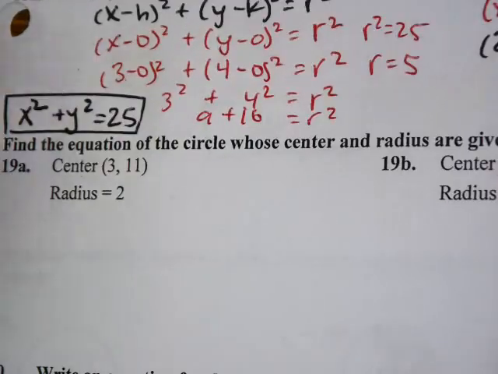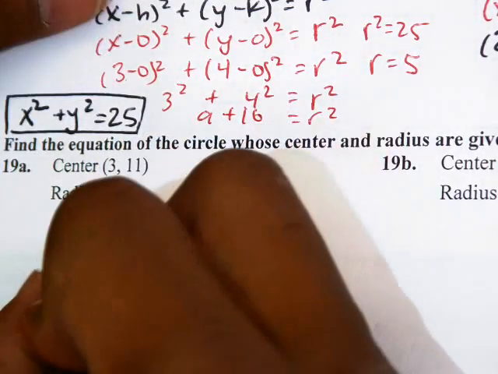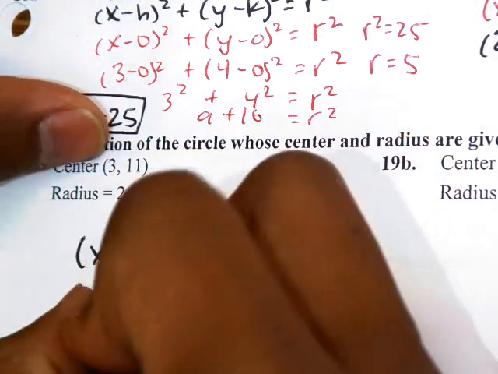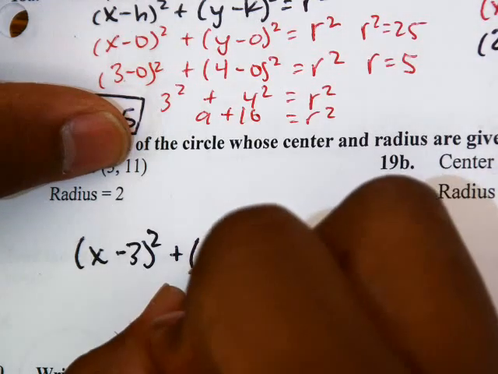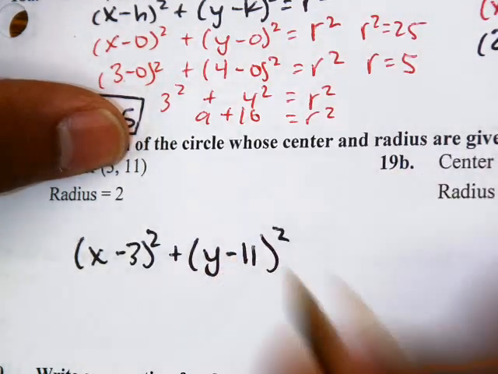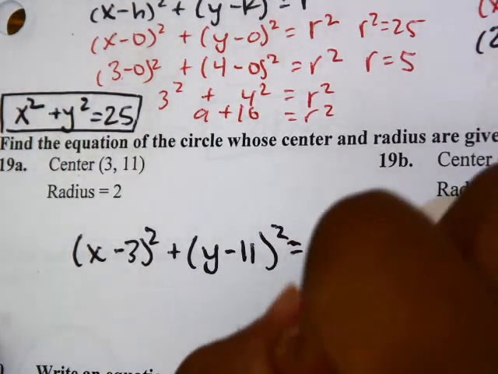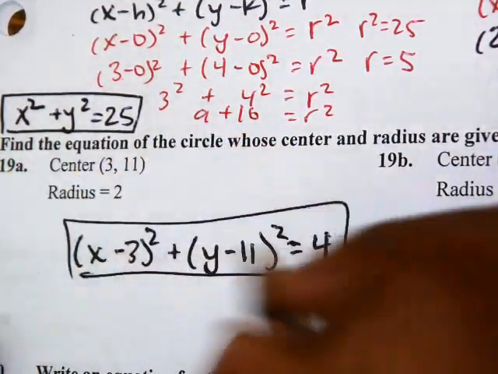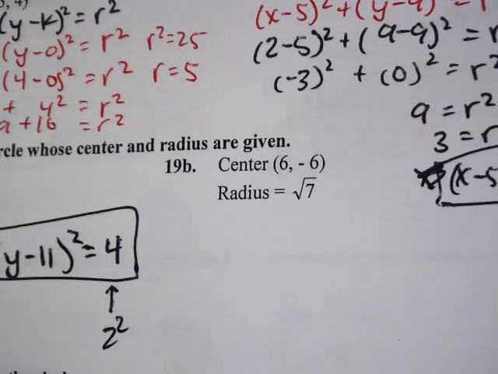Number 19 is asking us to write the equation of the circle with a given center and a given radius. So start with (x minus h, or 3) squared plus (y minus k, or y minus 11) squared equals the radius squared. So 2 squared, which gives me 4. (19b), same deal.